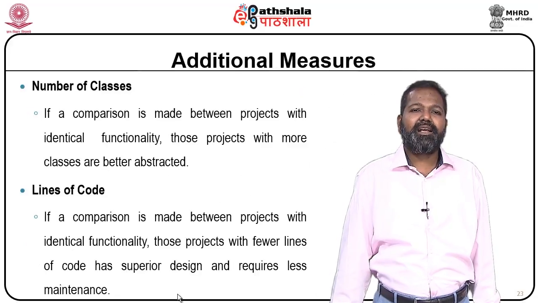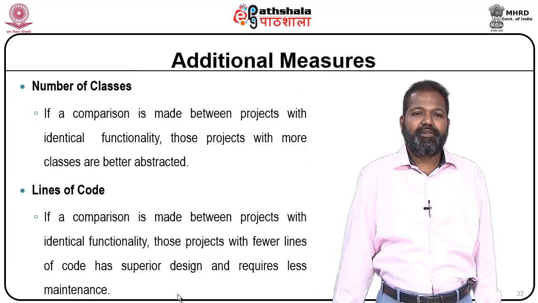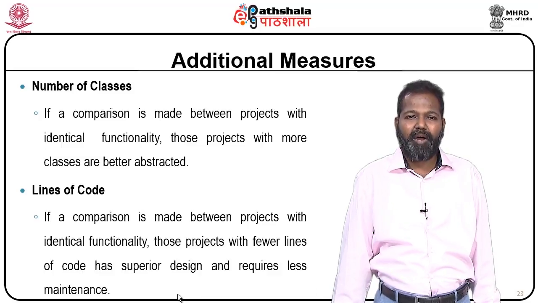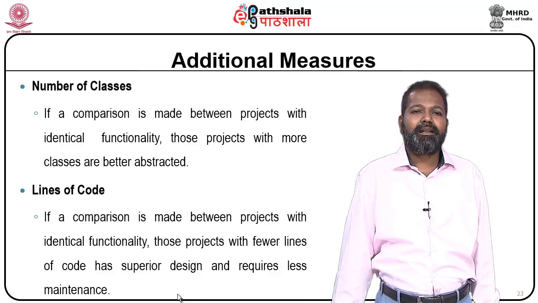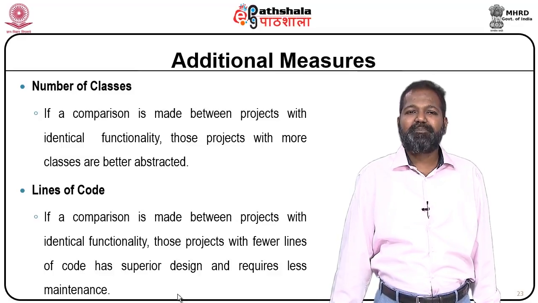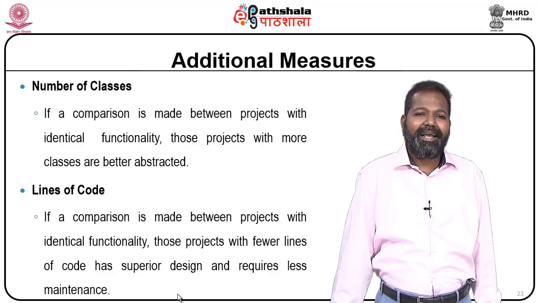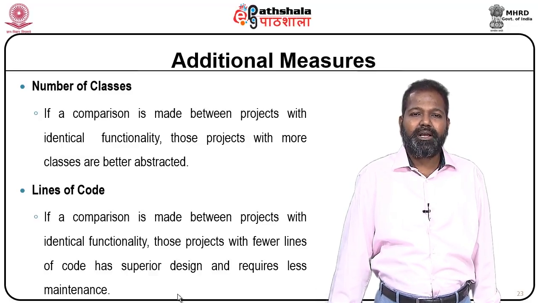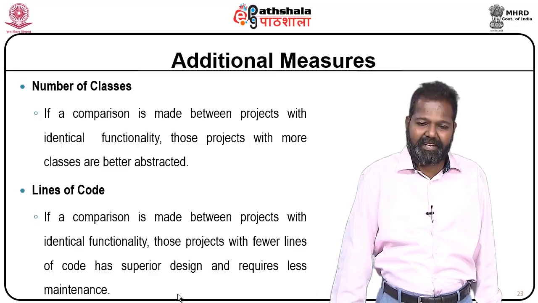Additional measures: number of classes. If a comparison is made between projects with identical functionality, those projects with more classes are better abstracted. Lines of code: if a comparison is made between projects with identical functionality, those projects with fewer lines of code have superior design and require less maintenance.